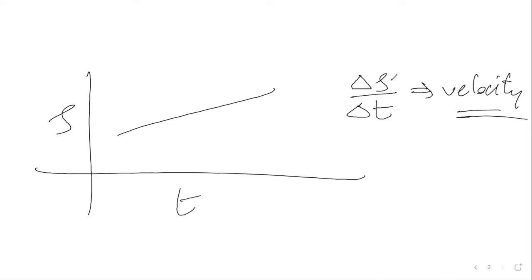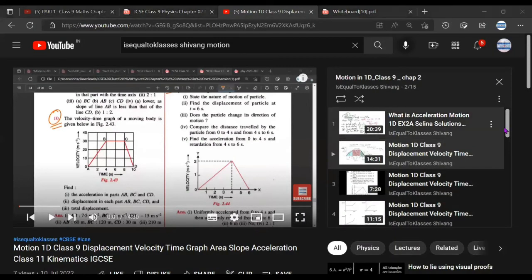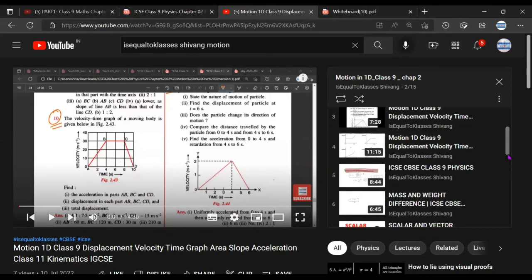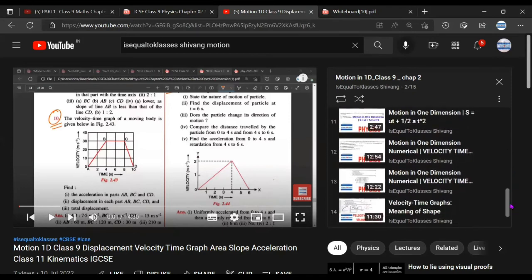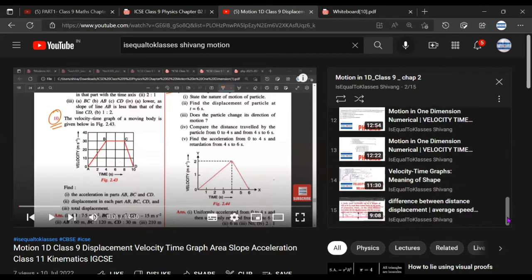So this is all the gyan that I want to share with you today. Okay. And when you look at these numericals, in the subject line displacement velocity time curves, the velocity time curve, meaning of the graph, you will understand that whatever we have discussed in the last 20-25 minutes is being explained with the help of numericals.